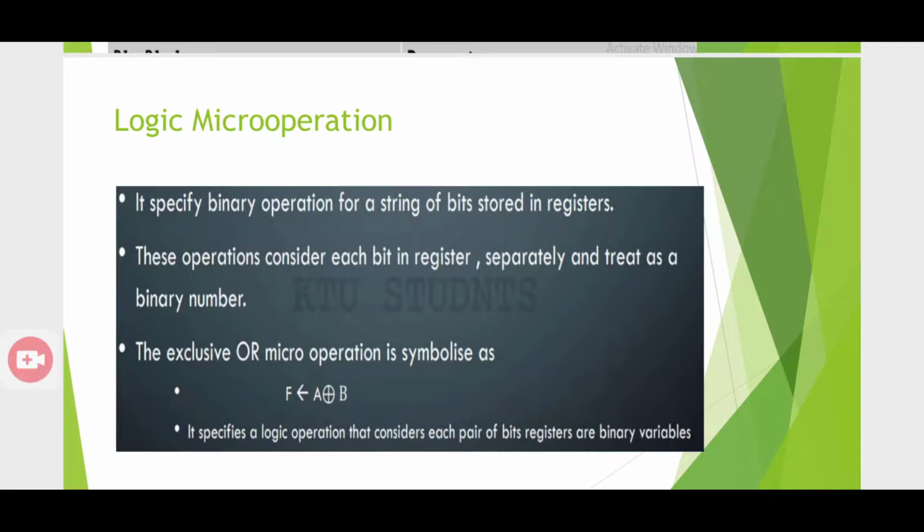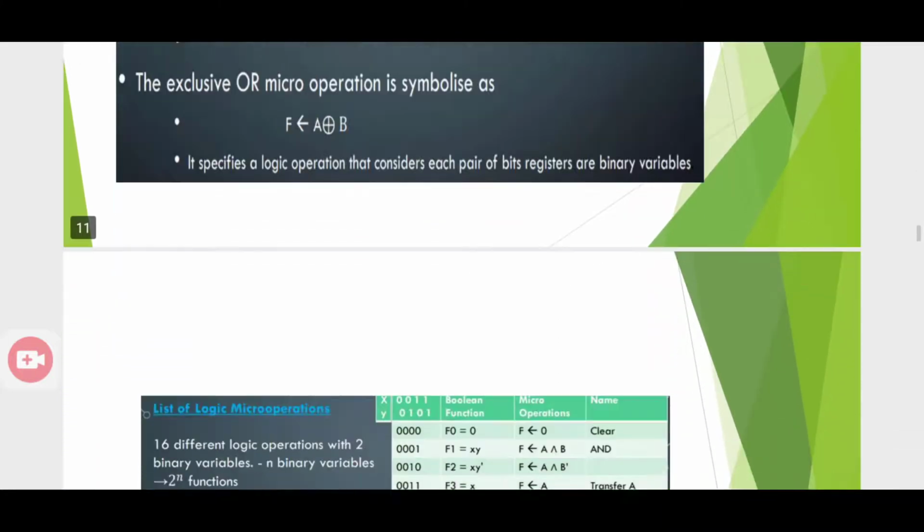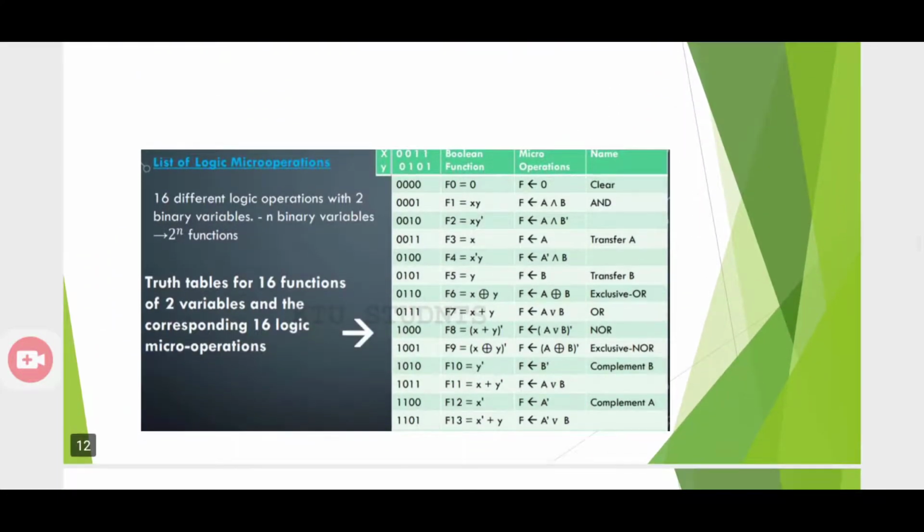Okay, for that purpose what we are using is logic micro operations. Clear? So these are the list of logic micro operations. F left arrow 0 means F is the clear function. F gives A and B means A AND B, where AND is the logical operator.